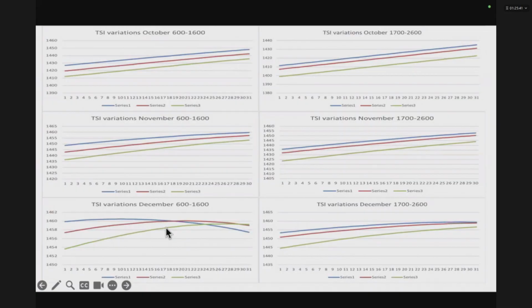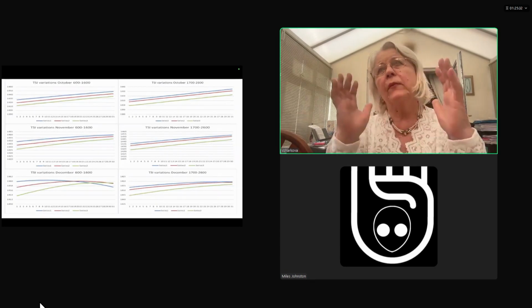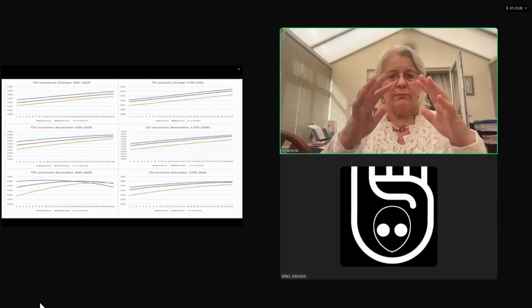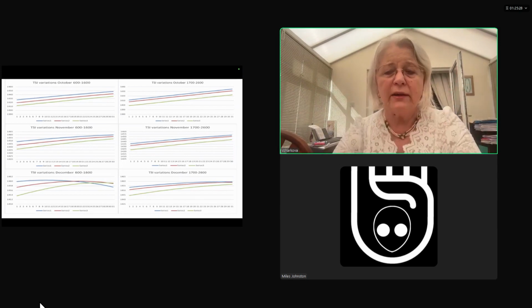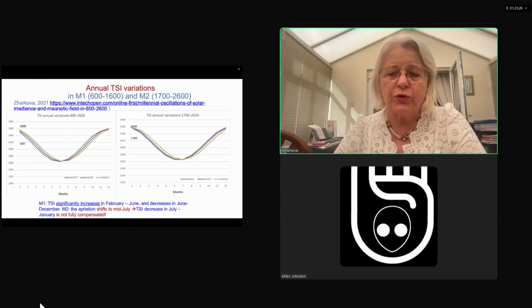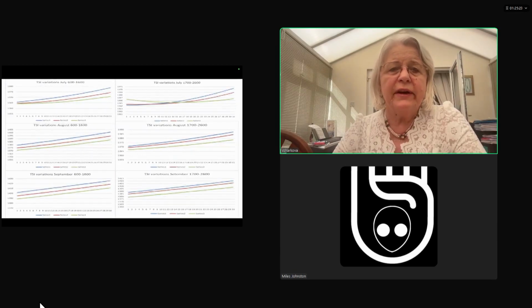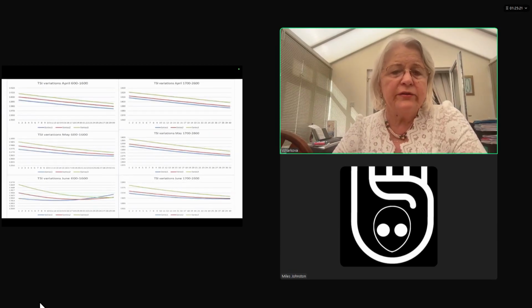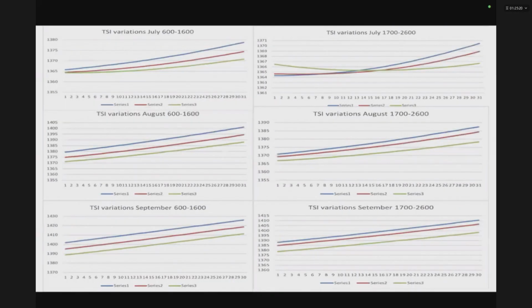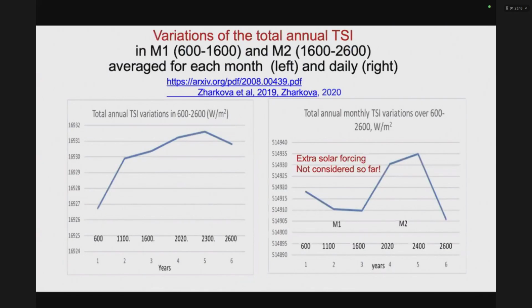So if you put the average per month, it cannot be calculated as an average, because to calculate an average, it has to be a Gaussian distribution, a bump-like distribution. This is nothing like a bump-like distribution. So you see that variations of the solar radiance cannot be averaged. So when they calculate the average, you miss most of the radiation, and they indeed produce an increase of radiation of only about 1.5 watts per square meter.